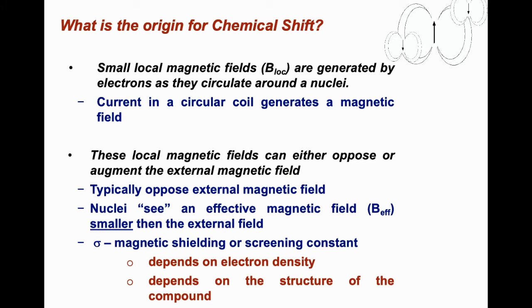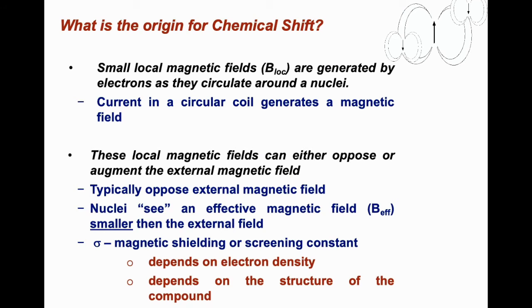The applied field is very huge. As compared to that, the secondary magnetic field generated by electrons in atoms and molecules is very small, but it is very significant. In fact, these secondary magnetic fields are primarily responsible for the observed chemical shift in NMR spectroscopy. How they contribute to the NMR chemical shift, let us try to understand.